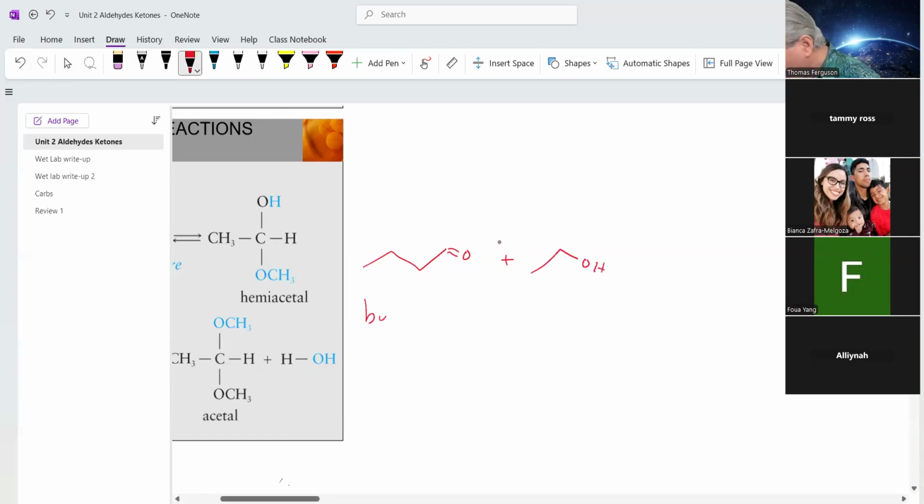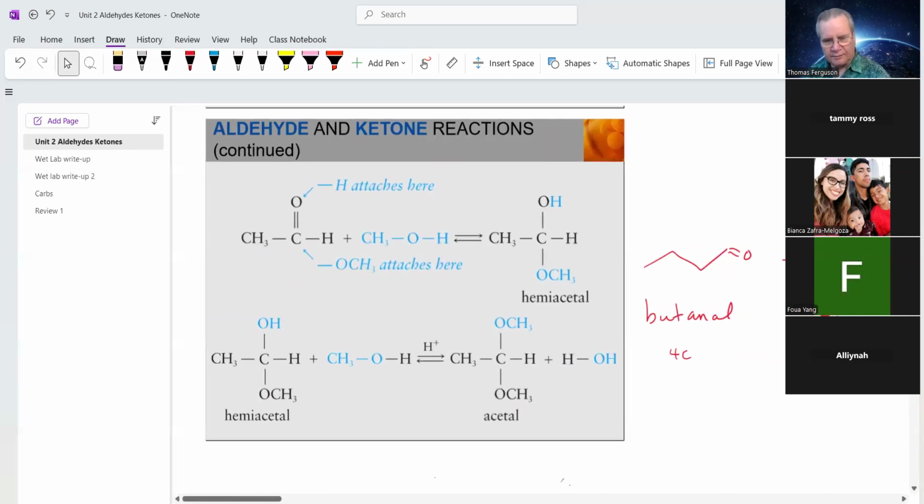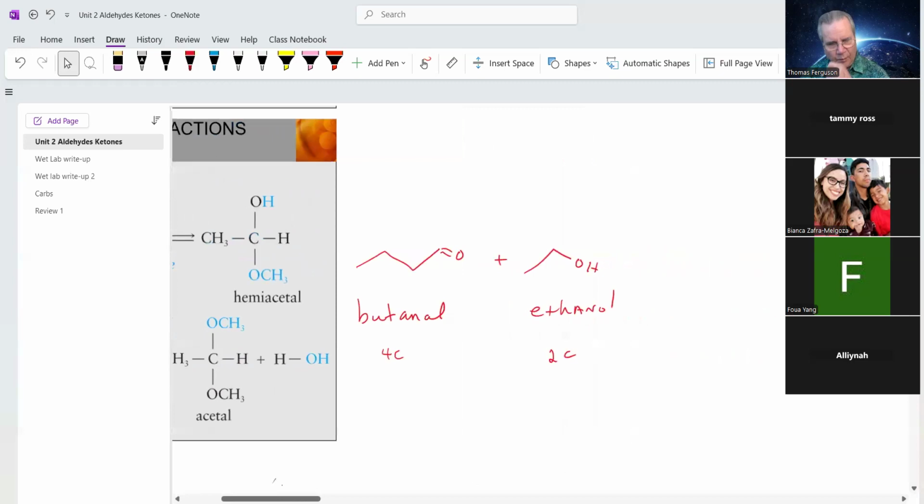So this is butanal, and this would be ethanol, 2 carbons. So this is kind of what we're doing here now. Okay, this would be the aldehyde, this is the alcohol. So identify the primary backbone, which is the aldehyde or ketone.